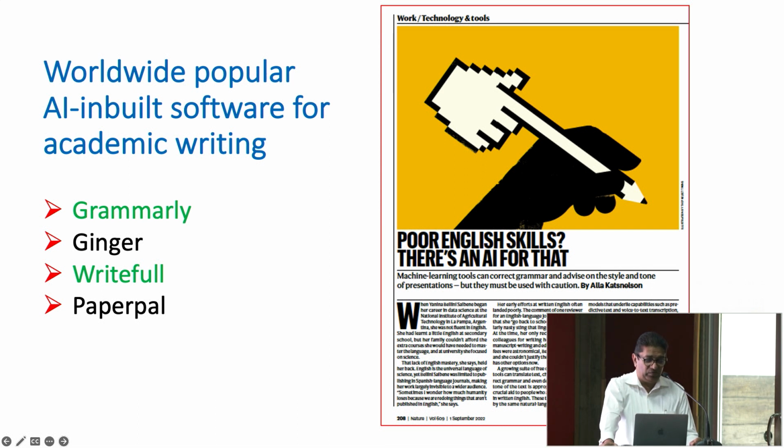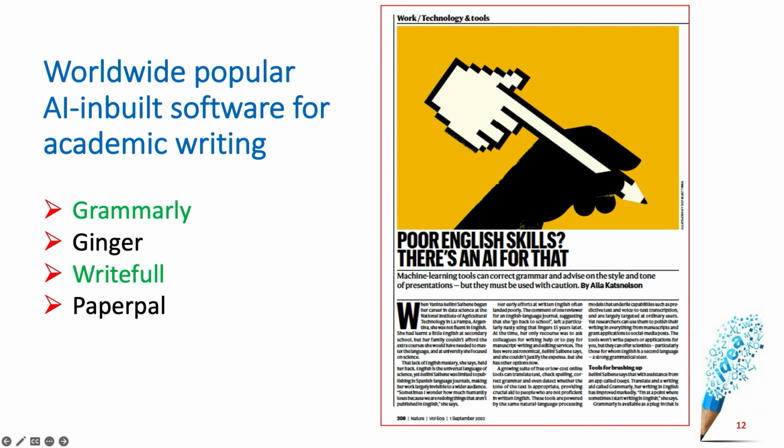Now these are the worldwide popular AI inbuilt software when you are looking at the global statistics in year 2021, as far as I could remember here. Now this is actually one article from Nature, and it says these are the best used software when it comes to manuscript preparation or academic writing. Grammarly, Ginger, Writefull, Paperpad.